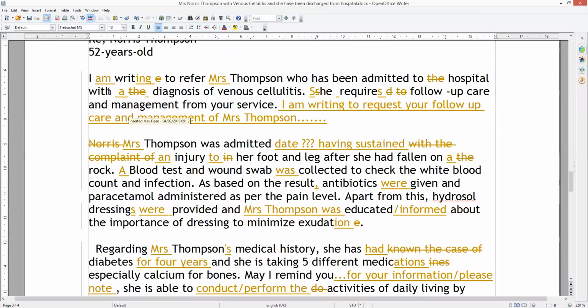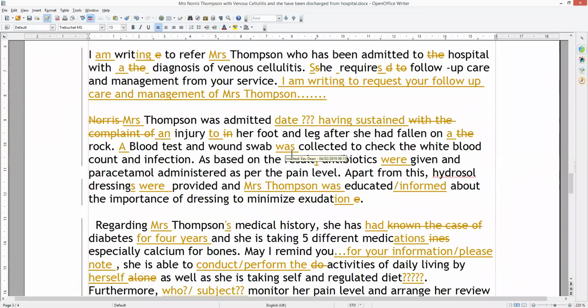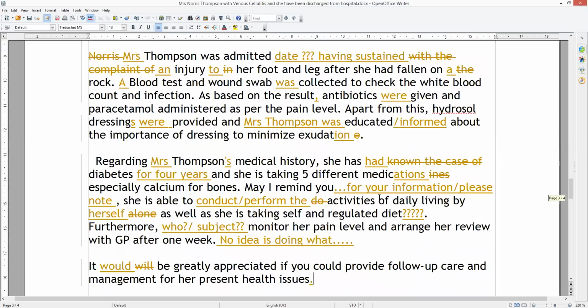So you can see the grammar, not so good, lack of pronouns, simply calling her Thompson, which is no good. So articles, pronouns, verbs missing to make it passive, prepositions, possessive, reflexive pronouns, unclear, subject verb with no idea who's performing any of the actions.